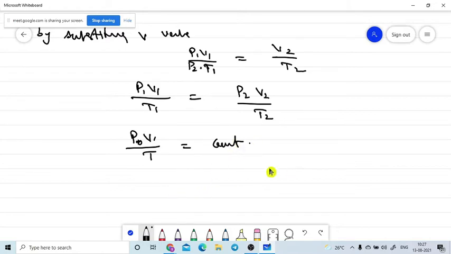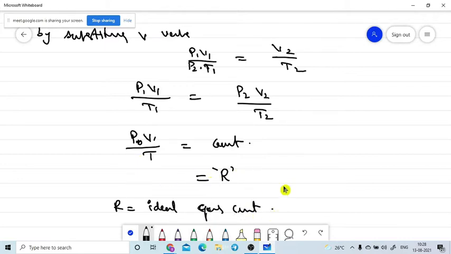So the experimental results say that PV by T is some constant value. They denote this constant with R, where R is the ideal gas constant.